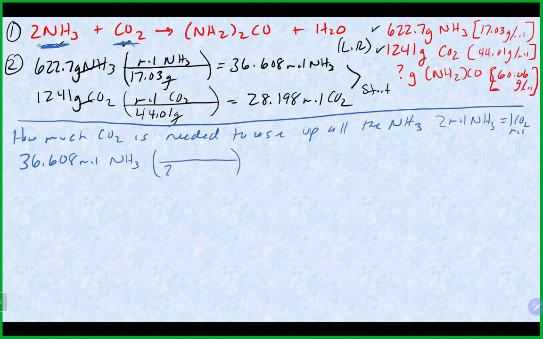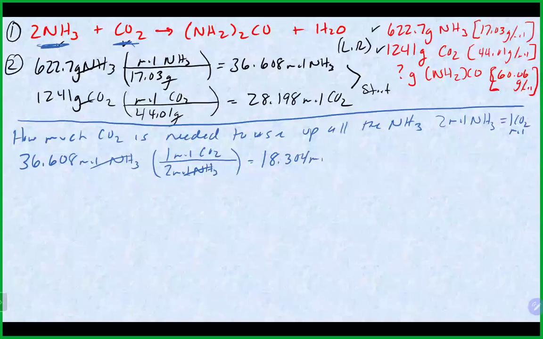So 2 moles of NH3 on the bottom, my 1 mole of CO2 up on top. Moles of NH3 will cancel. And this is going to tell me 36.608 divided by 2, that's 18.304 moles of CO2 are needed.